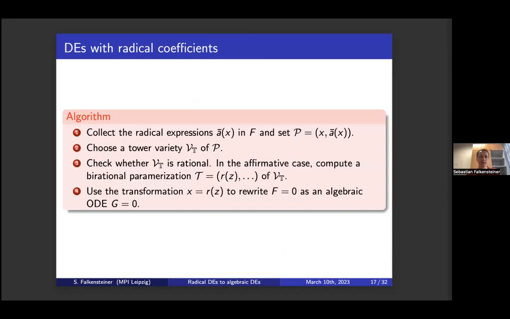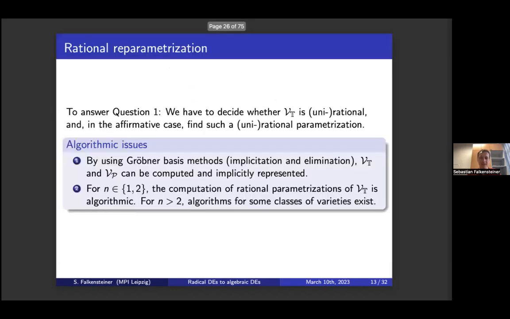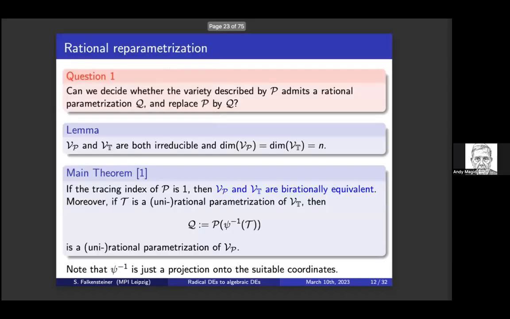Exactly, this is the case. And it doesn't matter which tower variety you choose, as long as it's minimal, because the radical variety and the tower variety are birationally equivalent. So in particular, all of the tower varieties are birationally equivalent.